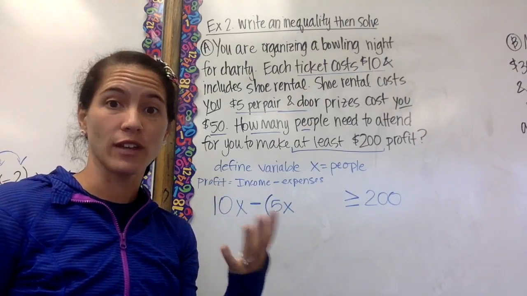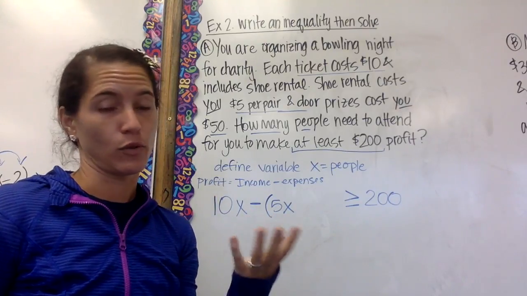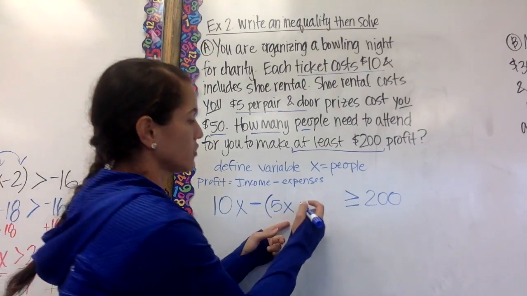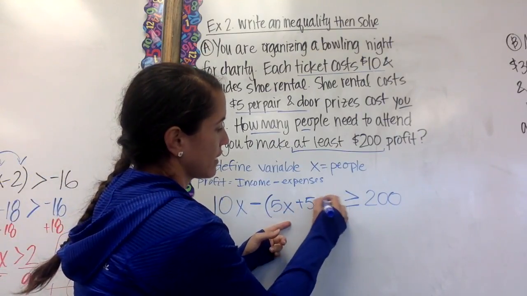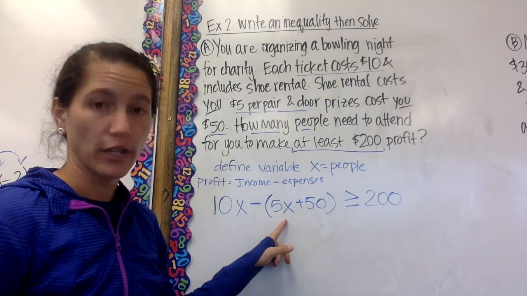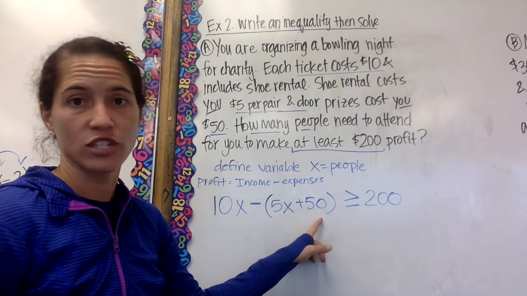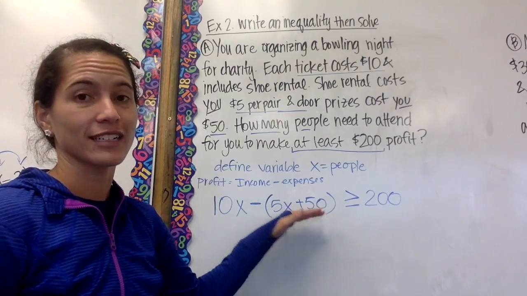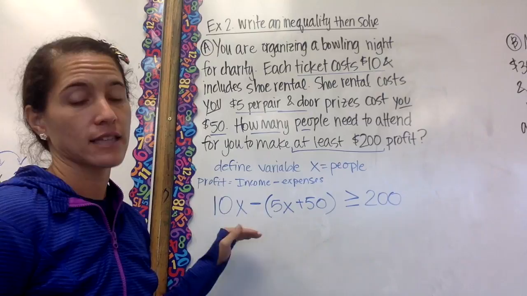Is every single person coming going to get a door prize? No, that's not the way door prizes work. They buy some door prizes and they usually do a raffle or a drawing. So we had to pay $5 for every pair of shoes for every person, and then just a $50 door prize. That's how much we paid. These were our expenses. And then this is how much money we will make.